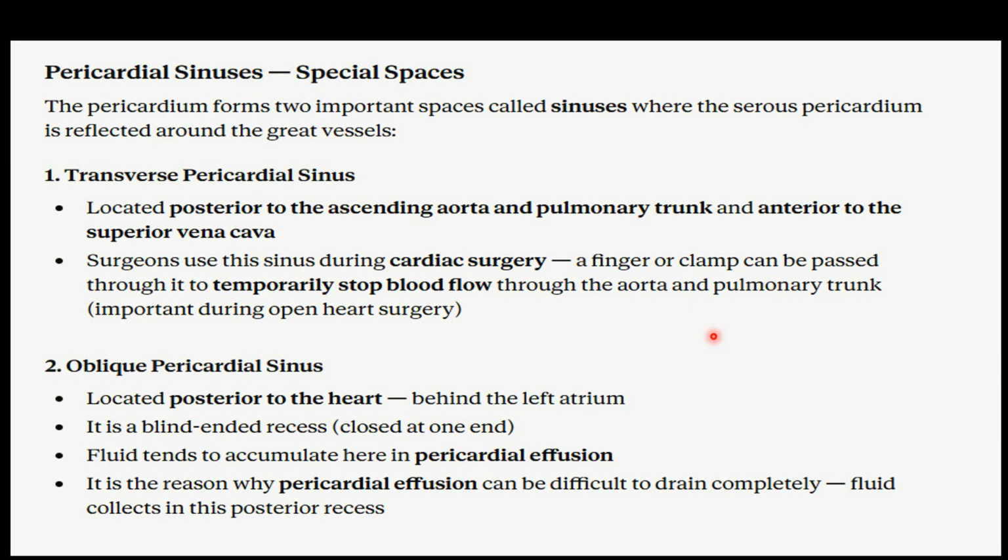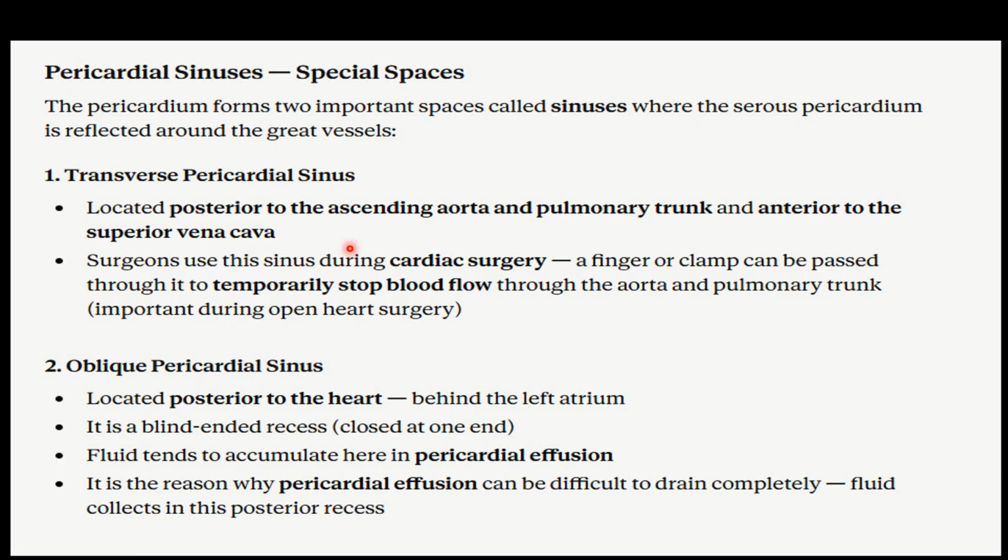Next are the pericardial sinuses. The pericardium forms two important spaces called sinuses, where the serous pericardium is reflected around the great vessels. The first is the transverse pericardial sinus, located posterior to the ascending aorta and pulmonary trunk, and anterior to the superior vena cava. Surgeons use this sinus during cardiac surgery. A finger or a clamp can be passed through it to temporarily stop the blood flow through the aorta and pulmonary trunk.